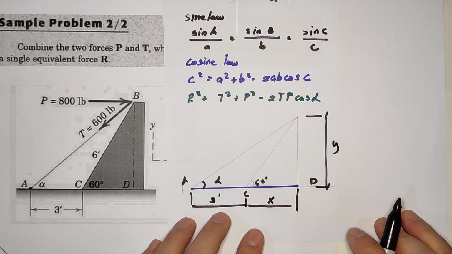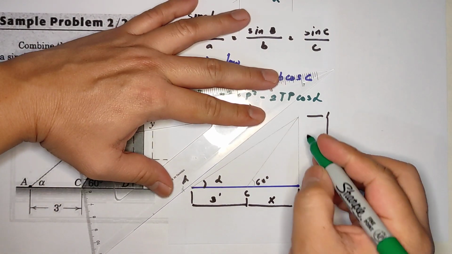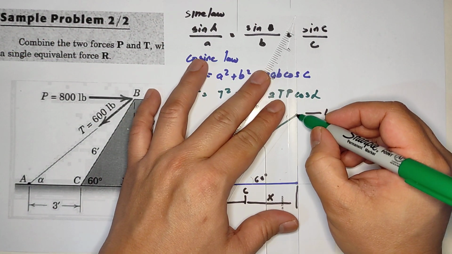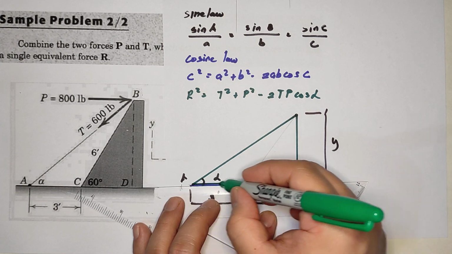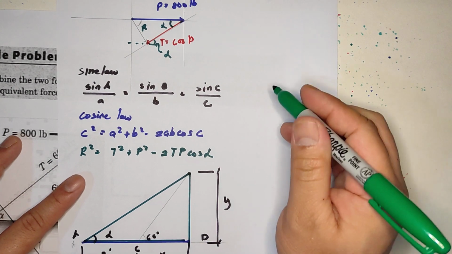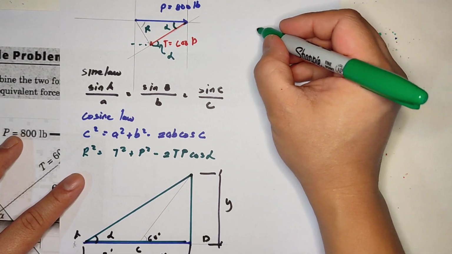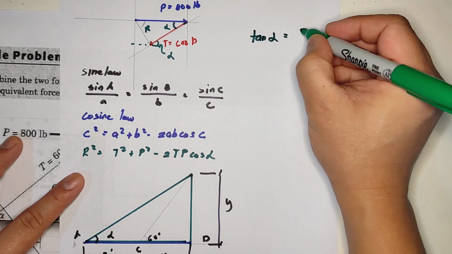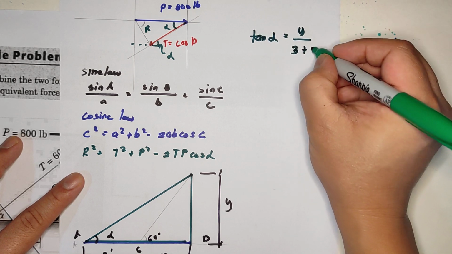Now, if you notice, this one is a triangle. So we could actually determine this alpha by using tangent alpha, that is opposite over 3 plus x.